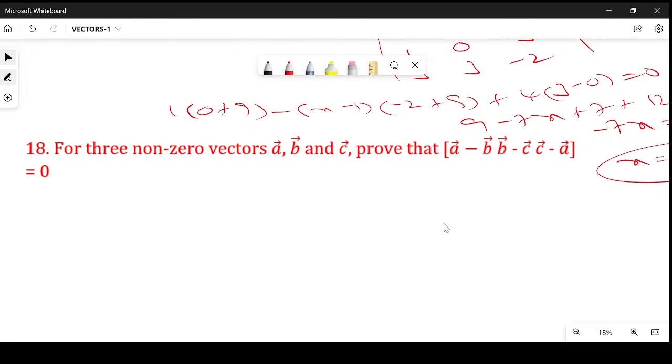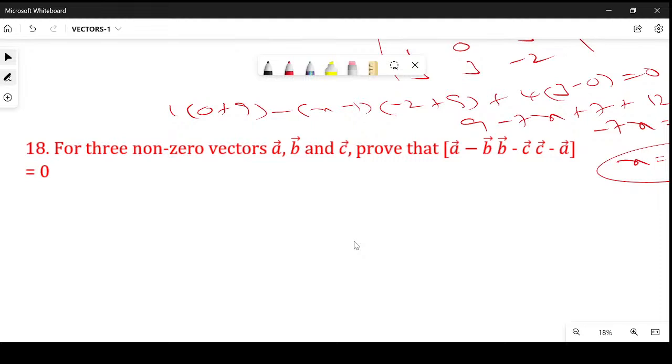Question number 18. For 3 non-zero vectors A bar, B bar and C bar, prove that box A bar minus B bar, B bar minus C bar, C bar minus A bar equals 0. They are asking to prove that the box product equals 0.